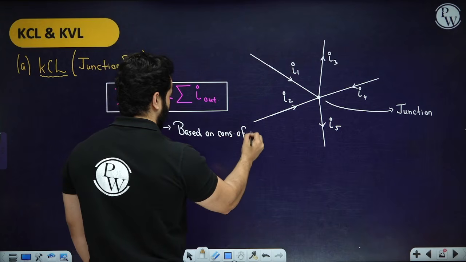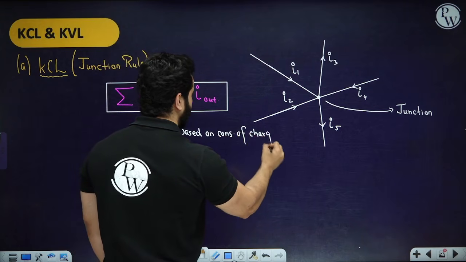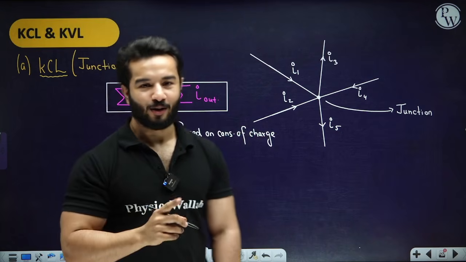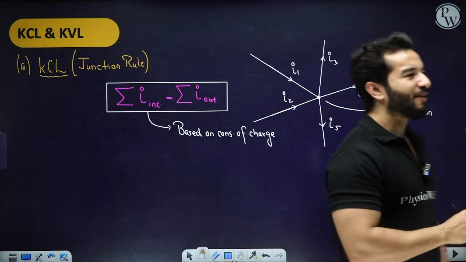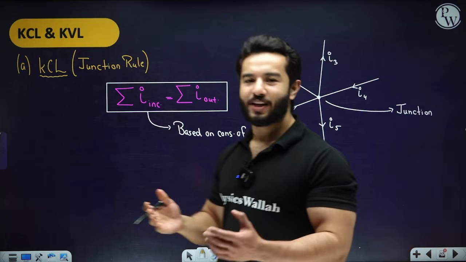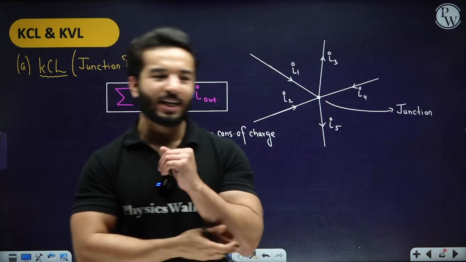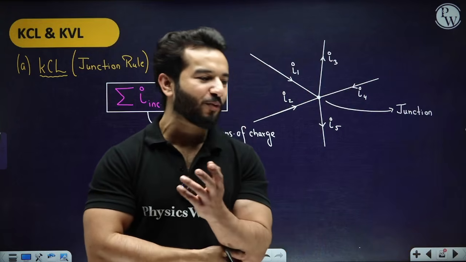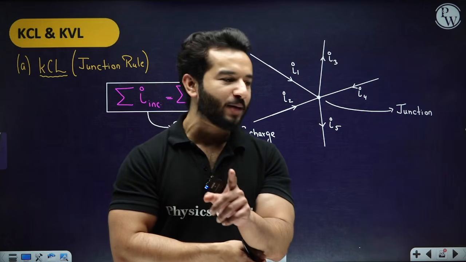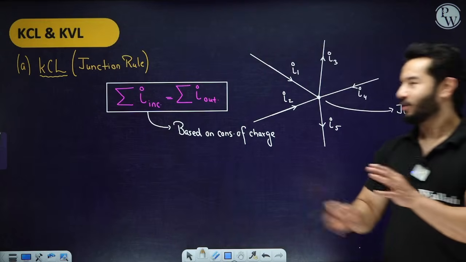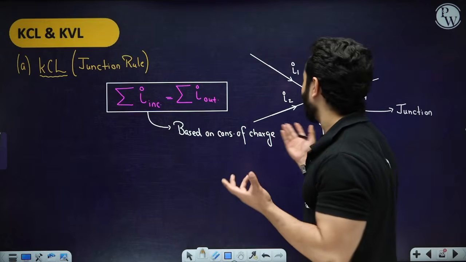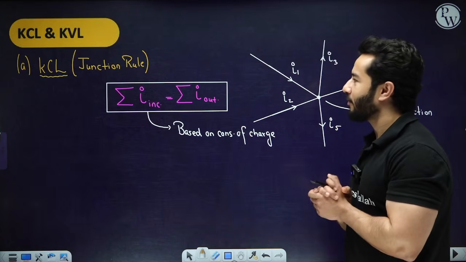And trust me, we are going to use KCL quite often, more than KVL. Why? Because I'm not against KVL, but KVL requires loops and writing equations, then solving those equations, and you will see what I mean. So we are going to use more KCL than KVL. Okay, so this is a very simple thing, nothing else. I mean, what's so difficult about this, right?